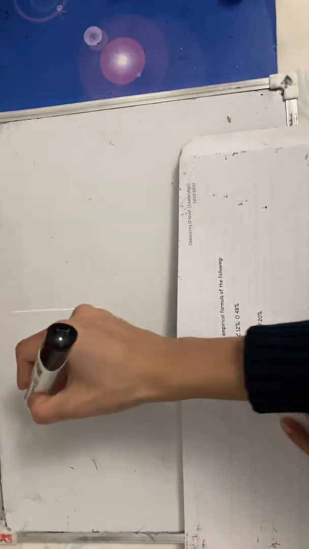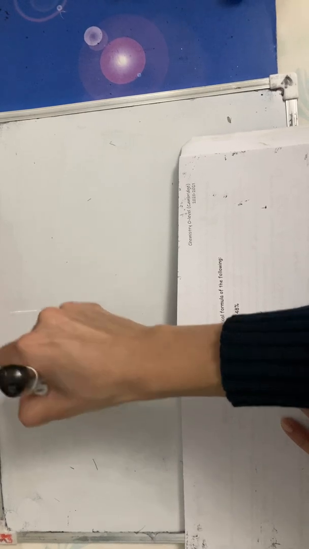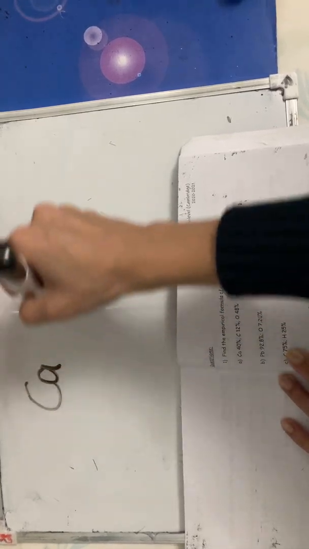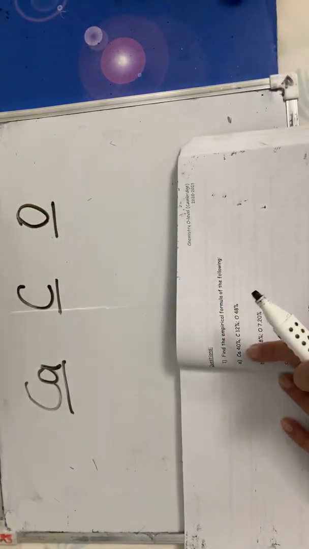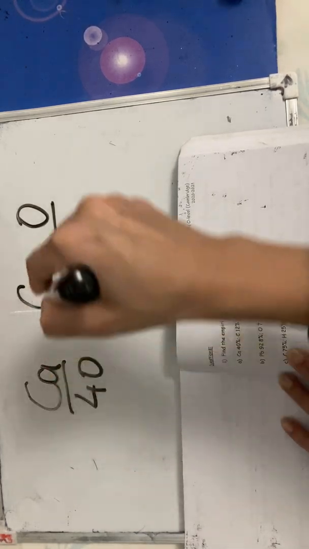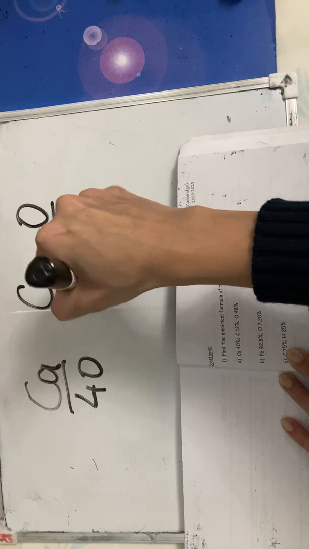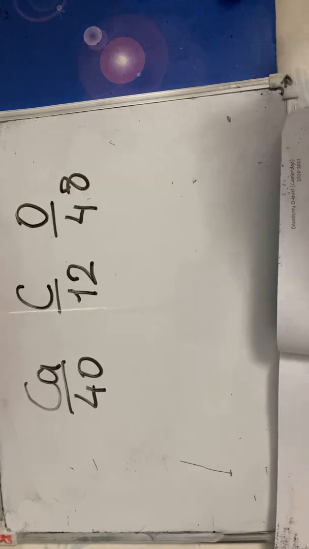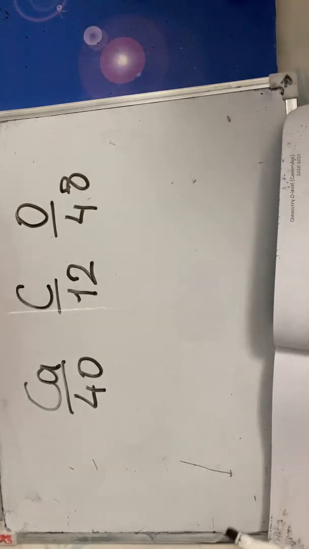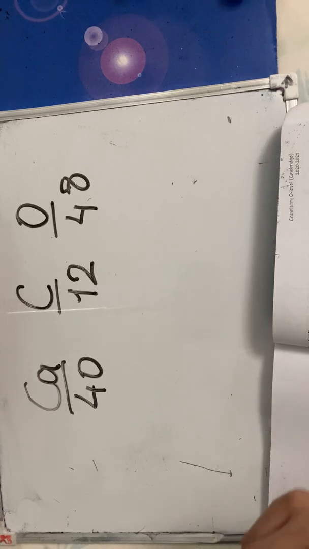So what you do is you list the elements like this: calcium, carbon, and oxygen. And you write the given below each element: 40, 12, 48. What's the first step? Do you remember? If you don't, just pause, rewind, and find out the first step.